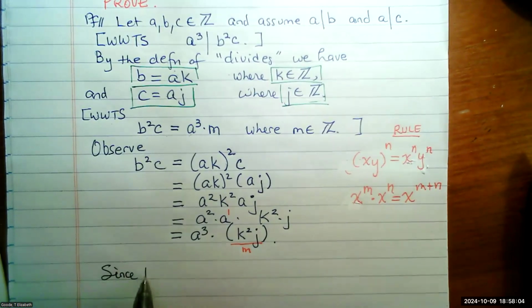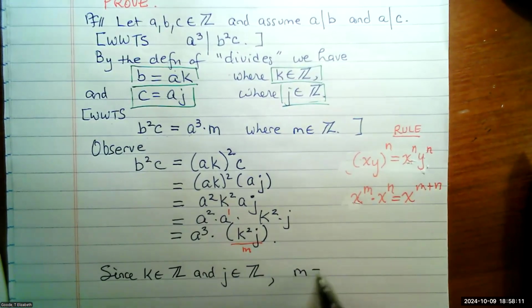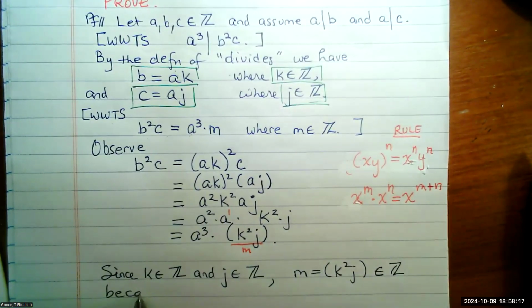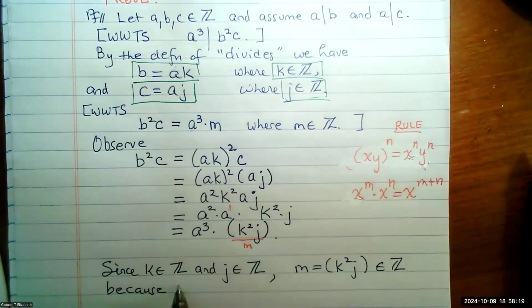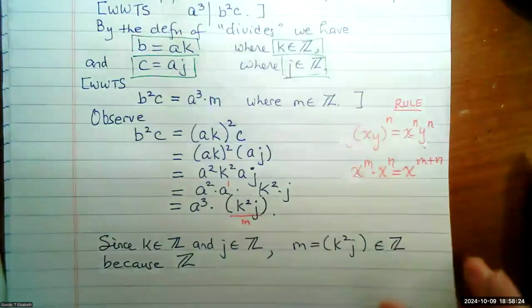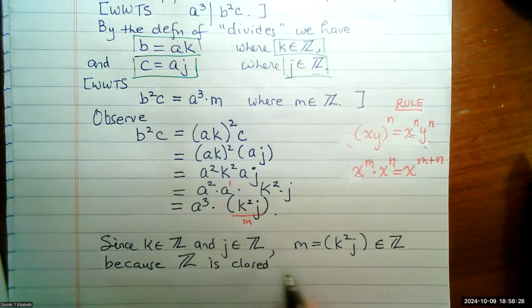So since K is in Z and J is in Z, M equals the quantity K squared J is in Z because Z is closed under multiplication. See, this is the other way you can say it. Instead of saying products of integers are integers, you can invoke closure. Z is closed under multiplication.